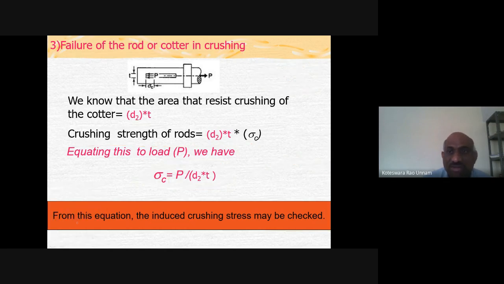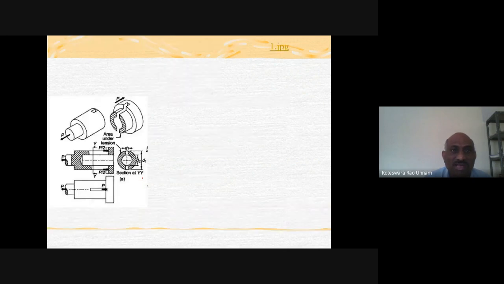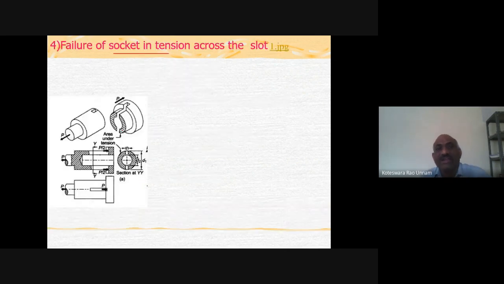Once you are satisfied with those values, we'll move to the socket. Again there are two failures of the socket. First we'll consider the tensile failure. Based on the tensile failure, we identify the dimensions. Then with those dimensions, we'll check whether the crushing stress is within the allowable limits or not.